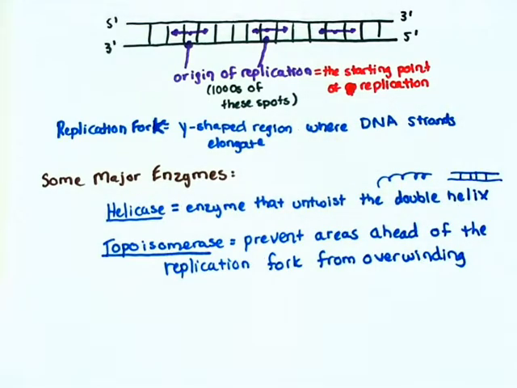If you unwind a cord, like the 5 feet in front of you, you know how beyond that point it's all wound up. So this is going to prevent overwinding in an area that may be a little distant from the replication fork.